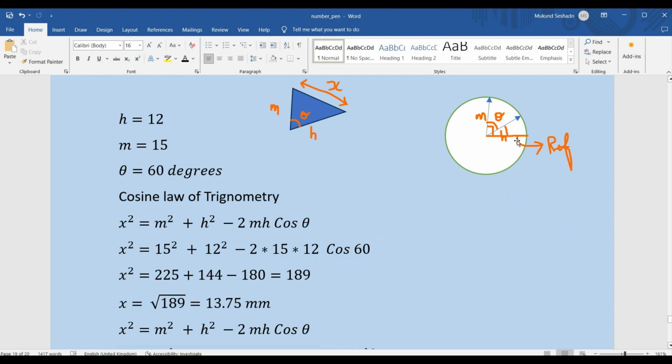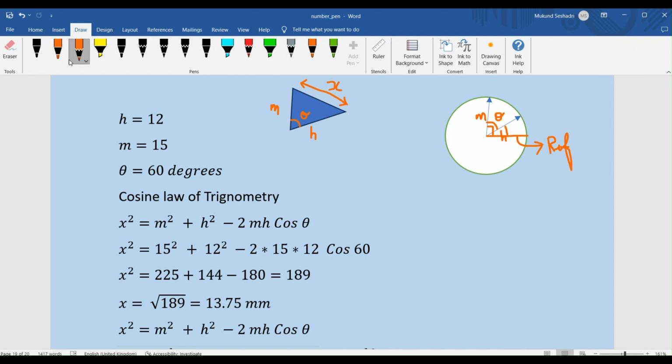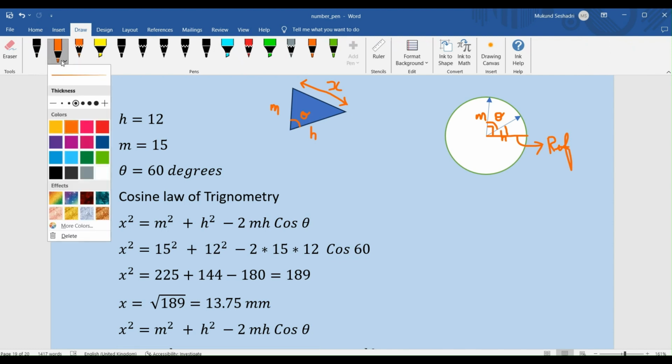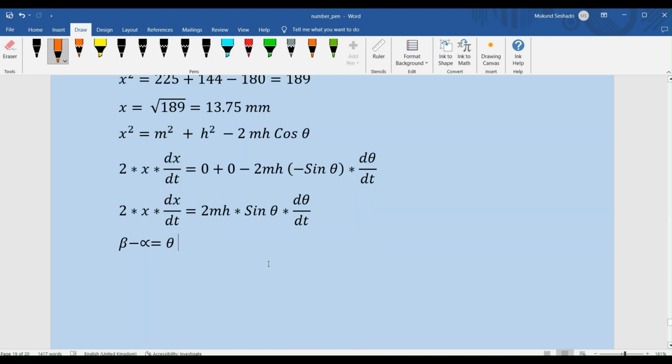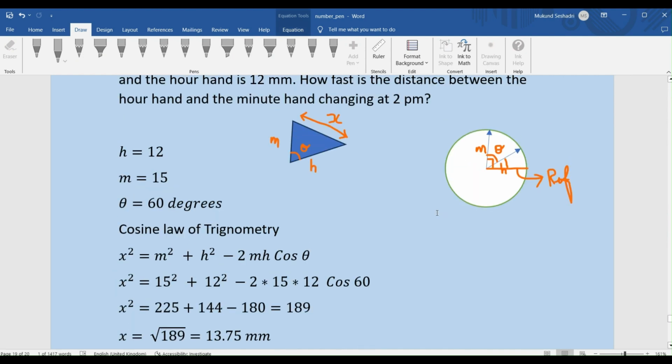So if I'm going to use this as my reference line, what is the angle made by the H needle, which is the hour needle? Let me call it alpha, which is written here.